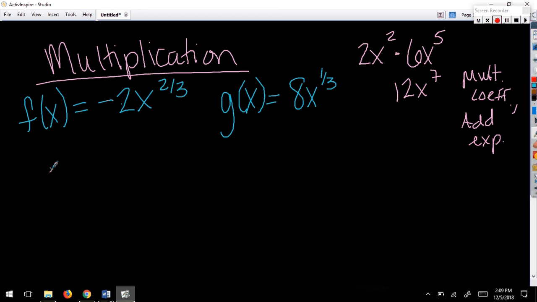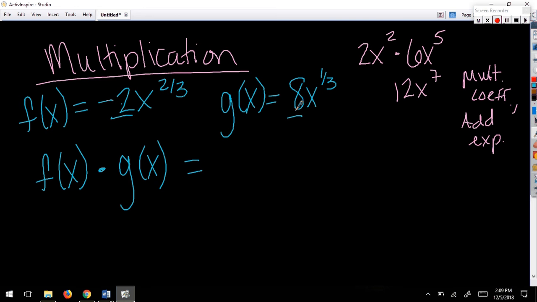If I asked you, what is f of x times g of x? Multiply the numbers in front, so negative 2 times 8 is... Yes, you could put the 1. 2/3 plus 1/3 is 3/3, which is 1.